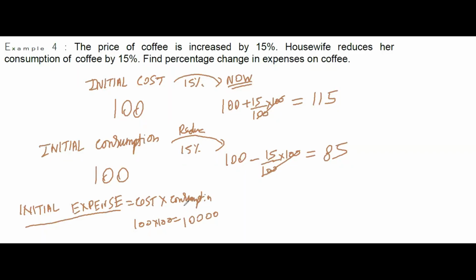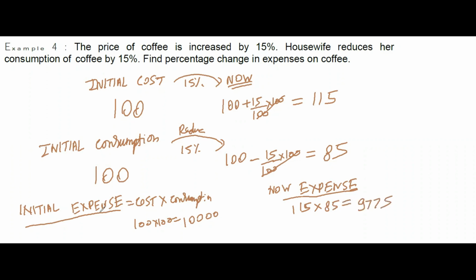So initial expense was this. Now what is the final expense? Final expense is your cost, which is 115, and your consumption is 85. So when you multiply this, you will get 9775.